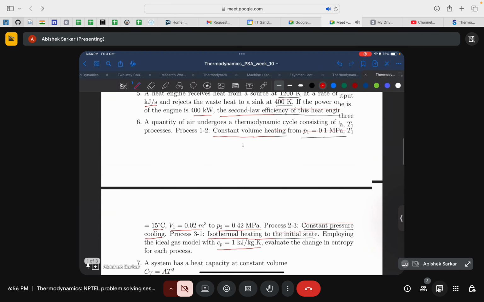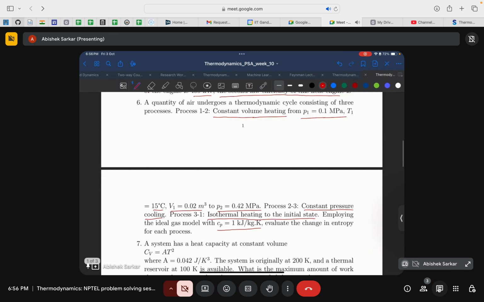You can try this out. I'll give you 5 minutes. It will be a bit lengthy, but I think it's a good exercise for the amalgamation of all the concepts that we discussed till now. The ideal gas law, expression for the change in entropy, everything we discussed would be constituted within this question itself. So I think it's a good practice. After 5 minutes, we can look into the solution and then proceed further.